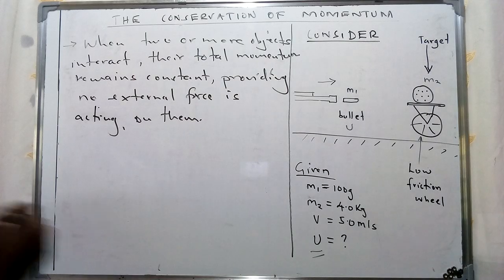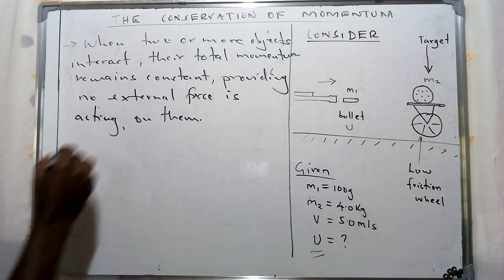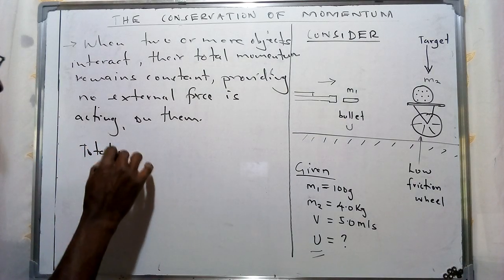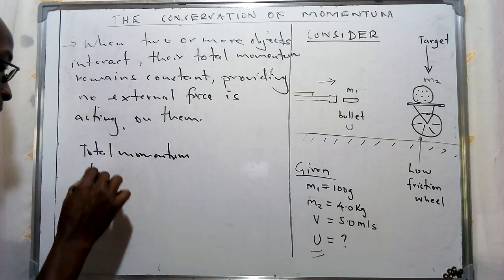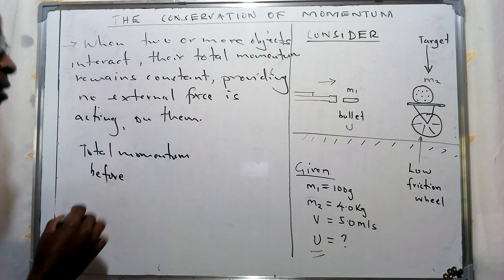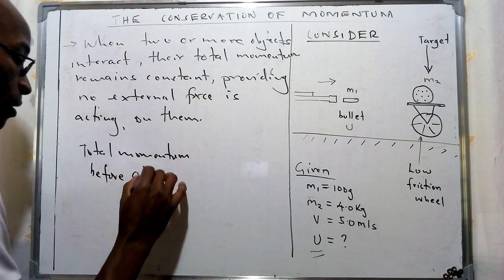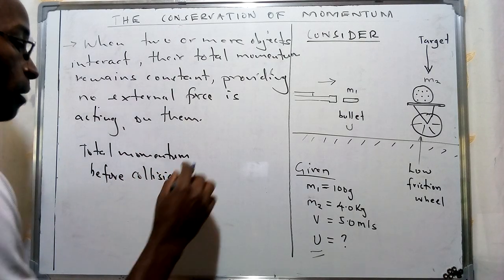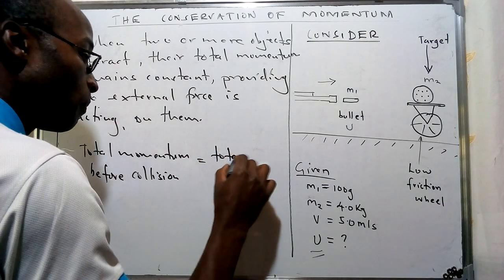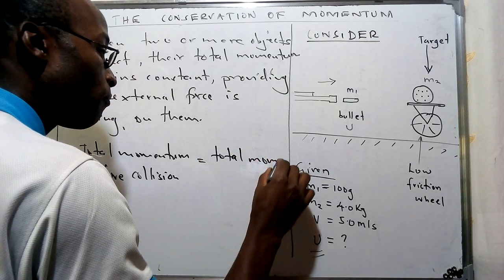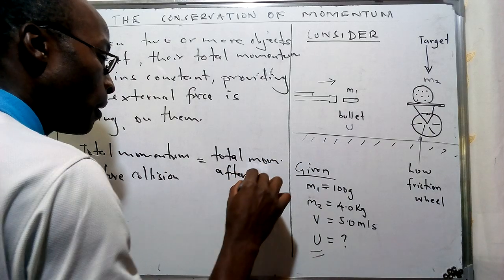Now, in this case, we can give this in terms of total momentum before, so let's assume that they are going to collide. So total momentum before collision or impact is equivalent to the total momentum after impact.